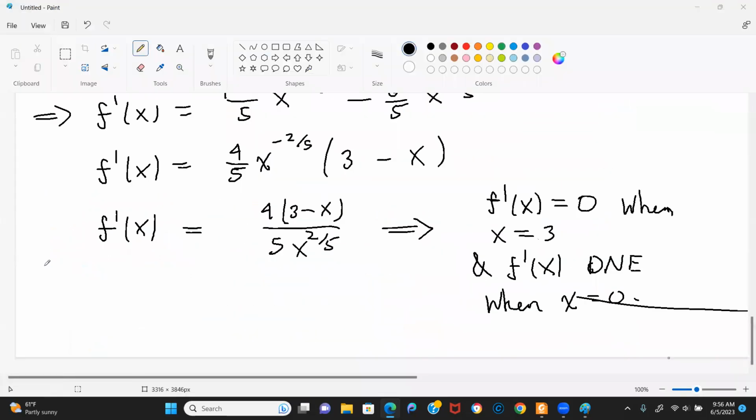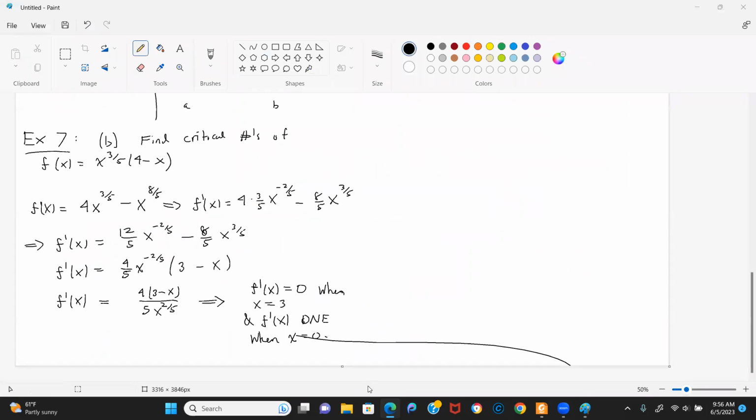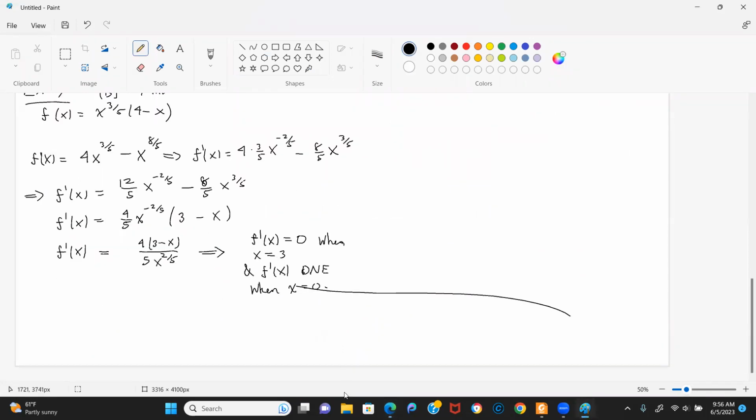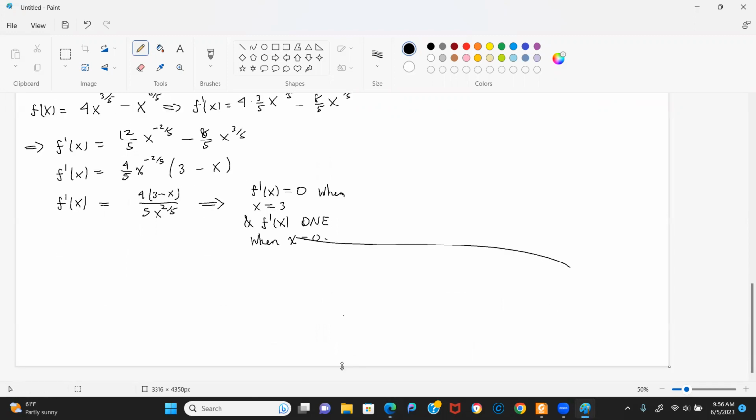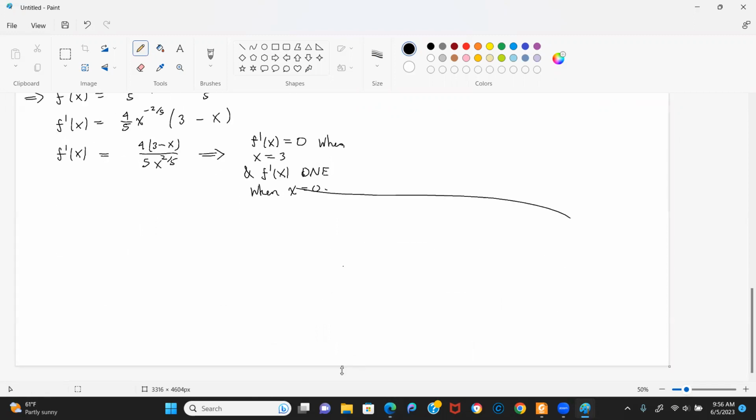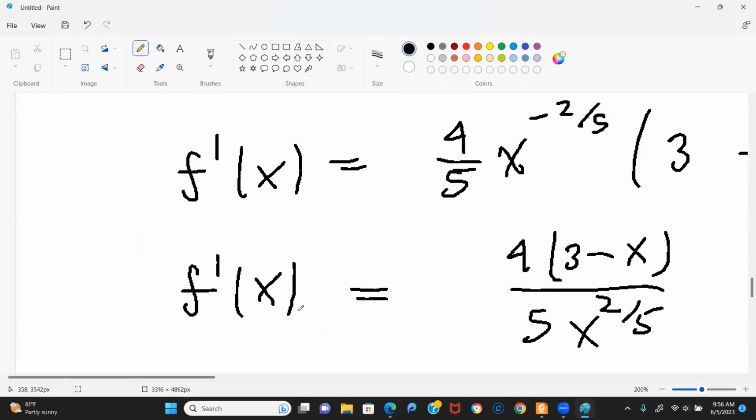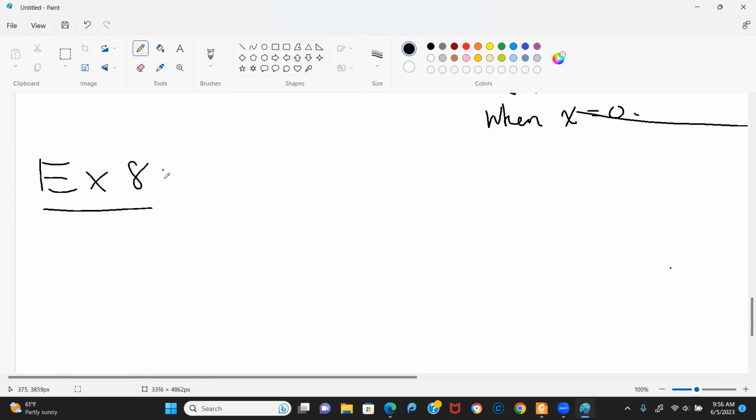This one I shouldn't screw up because there's no denominator. So in this case, we want to find an absolute minimum and maximum. This is example 8.